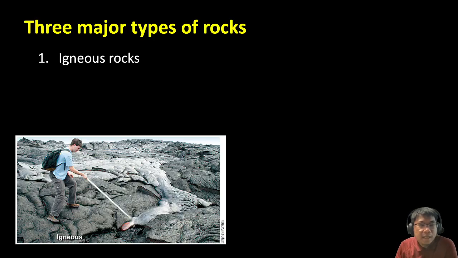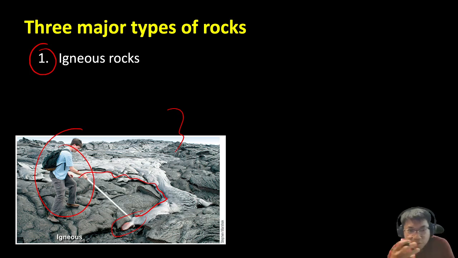Okay, and in geology we know that there are three types of rocks. The first one is igneous rocks. As you can see here, we have lava flowing. This lava is very hot, and I would not recommend any of you do what this person is doing in this picture, because you just never know what's going on with this lava.